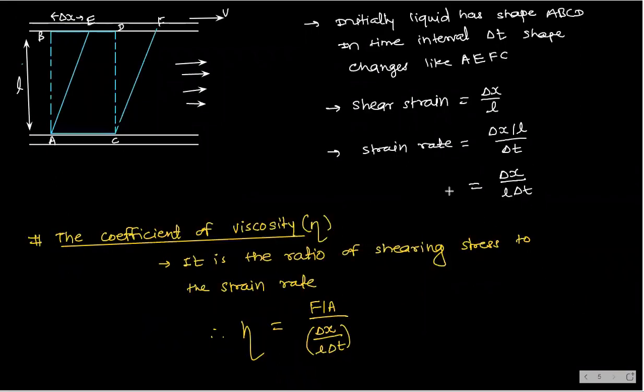Delta X by delta T we will denote as mu.